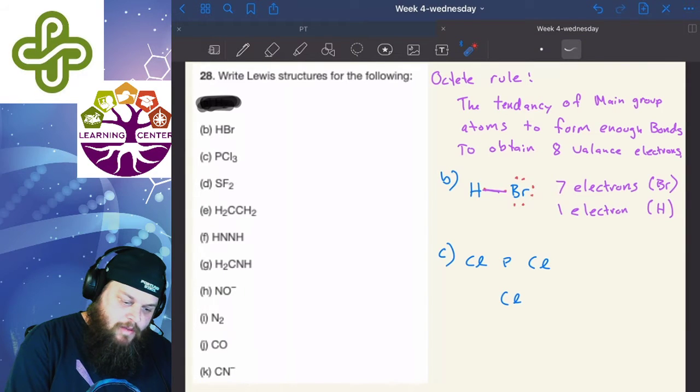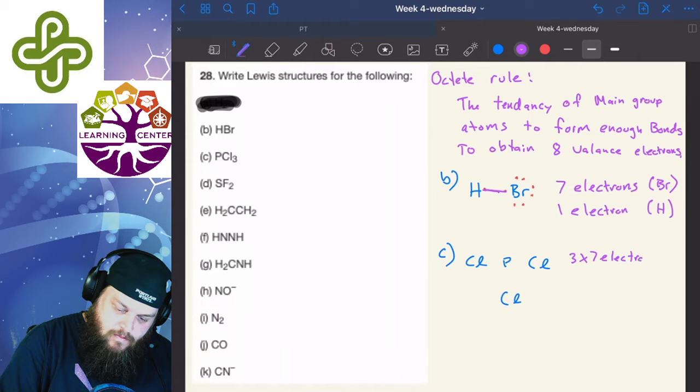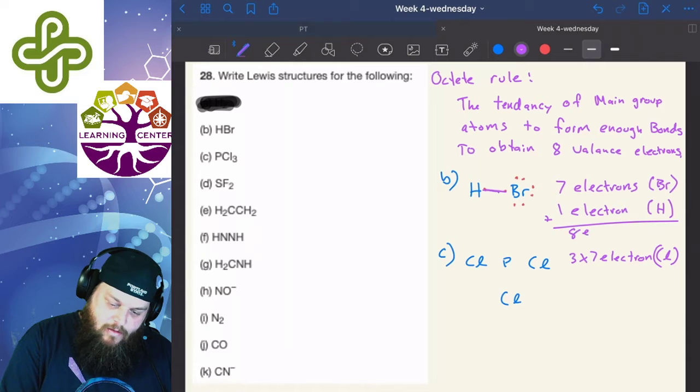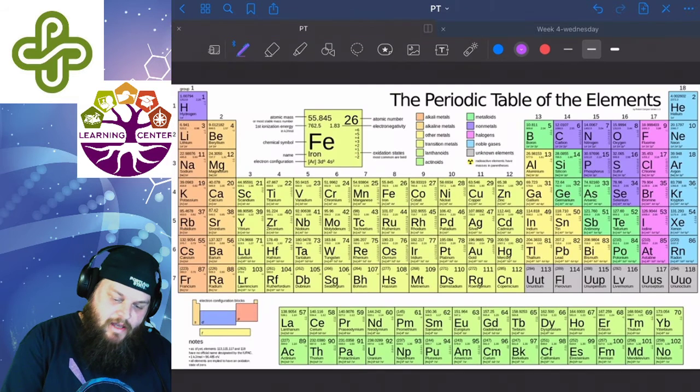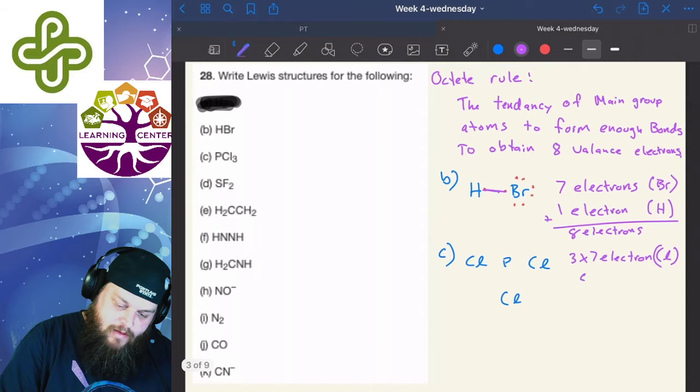So I can go back and say, just counting 3 times 7 electrons from chlorides, plus the phosphorus. Phosphorus has 5 electrons, it's in group 15 right here.